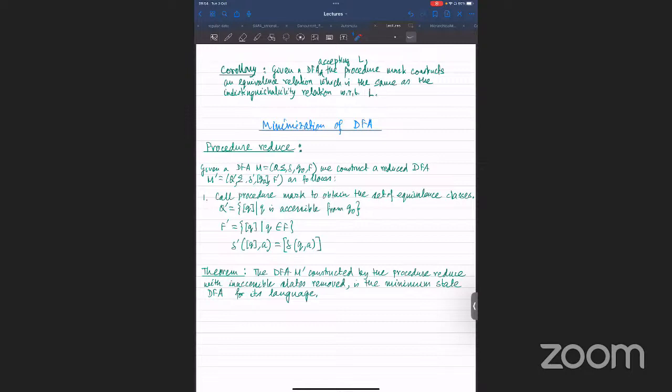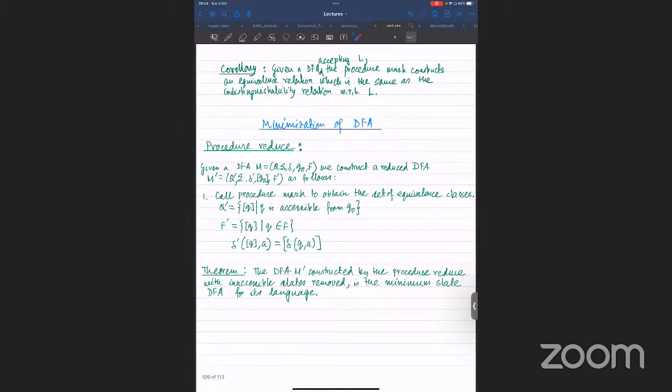Now we are defining this procedure reduce. What does it do? Given a DFA, we construct a reduced DFA M prime. This is the input, this is the output. It will first call the mark procedure, which we saw, to obtain the set of equivalence classes.